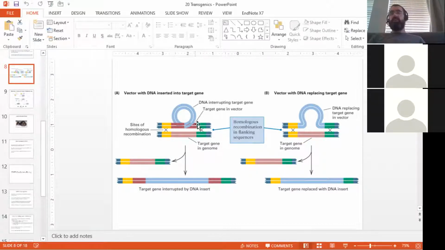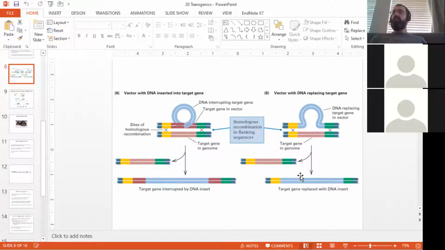Because then, and so that could be a little bit of DNA in the middle, or it could be something that replaces the gene entirely. So that when you essentially use homologous recombination, and typically that's via enzymes that you add yourself, right? Then you may get homologous recombination where either the target gene will be interrupted, right? So you'll get a complete loss of function.